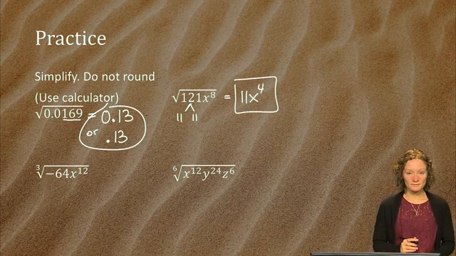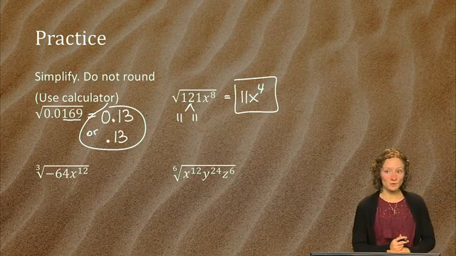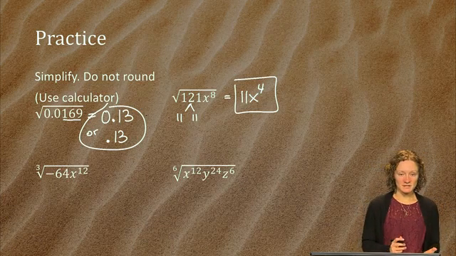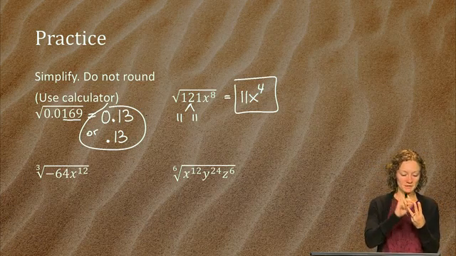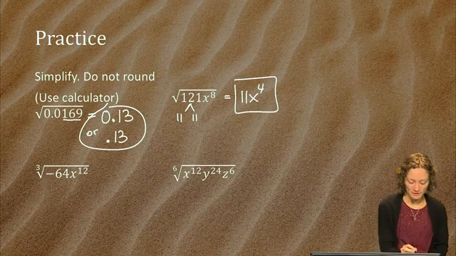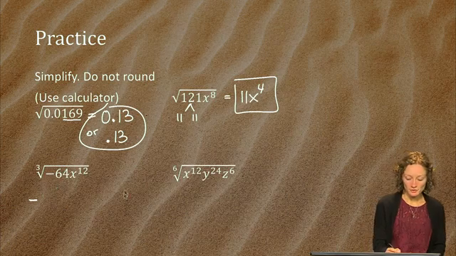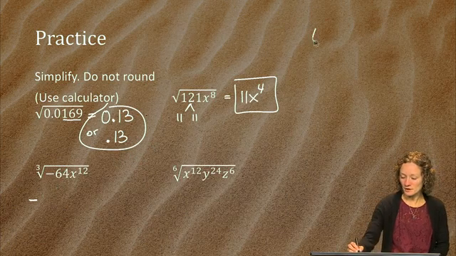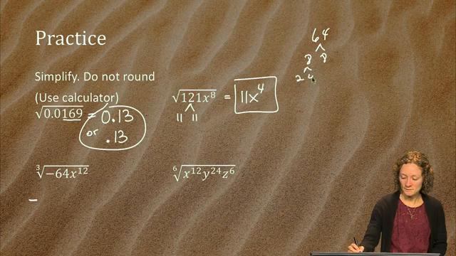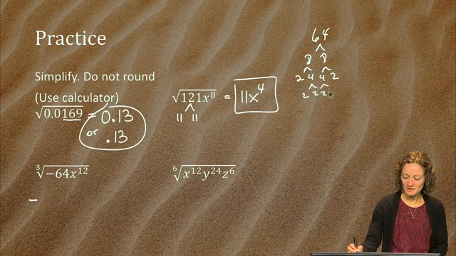Then our cube root. First we decide if the negative's okay, and it is because it's a cube root. We can multiply something by itself 3 times and still have a negative, so that comes out. How about groups of 3? If we take 64 and break it down, this is a popular number in this unit.